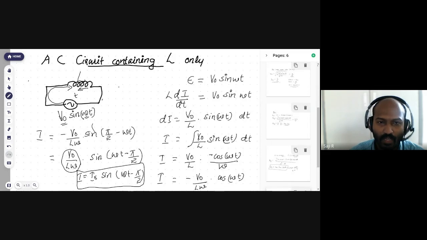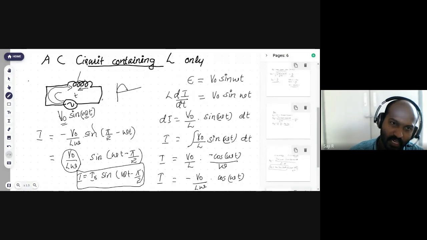After some time, the AC voltage increases from 0 to maximum, then starts to decrease. The applied voltage is trying to produce a current in this direction, but a back EMF is produced.